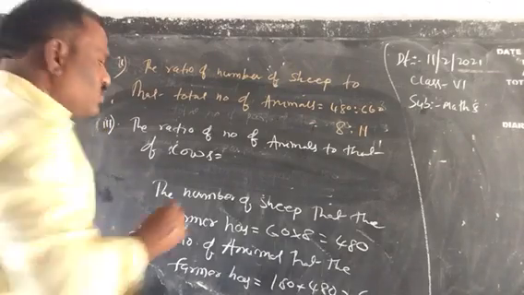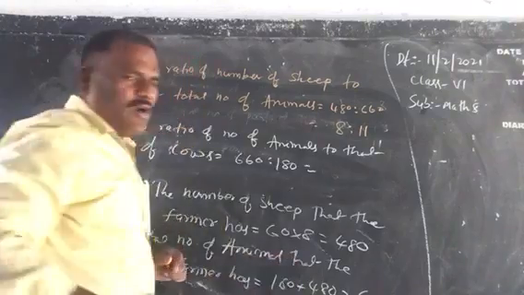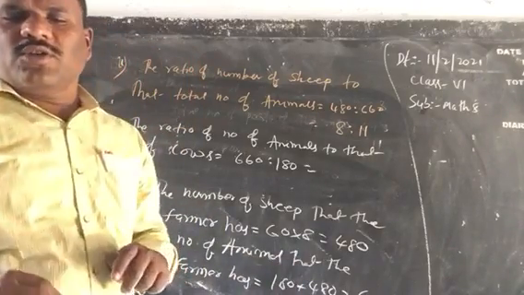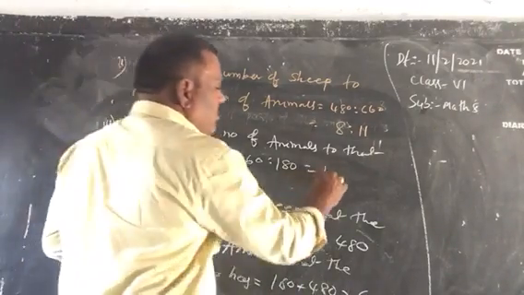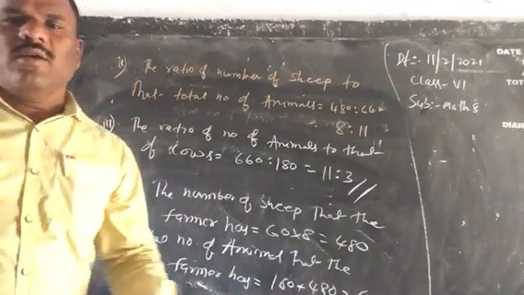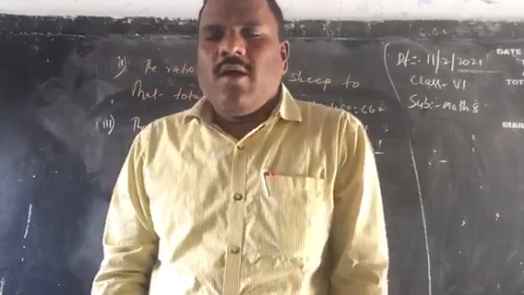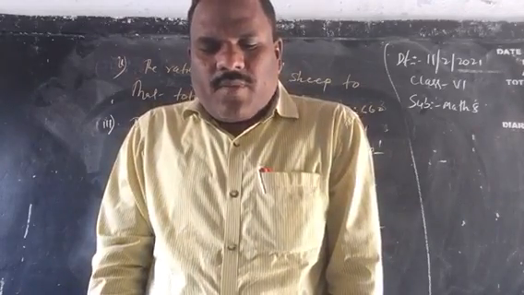Okay, 660 is to 180, equal to how much? 11 is to 3, children. 11 is to 3. Okay children? Understood? Yes.